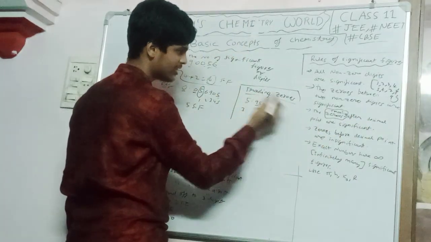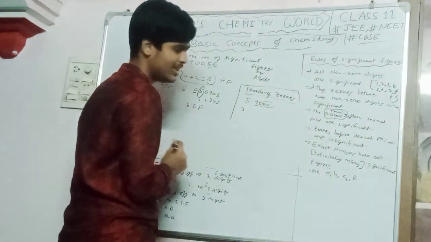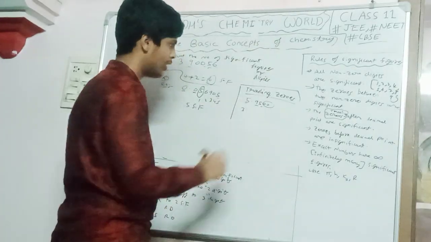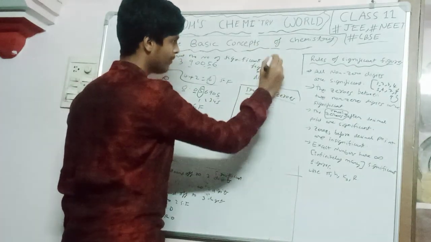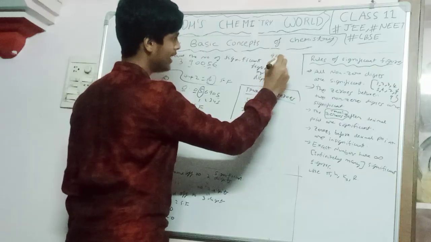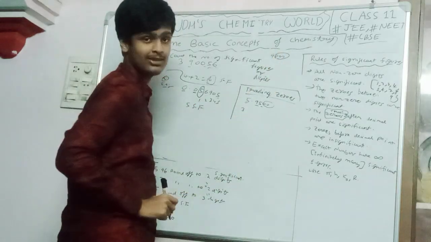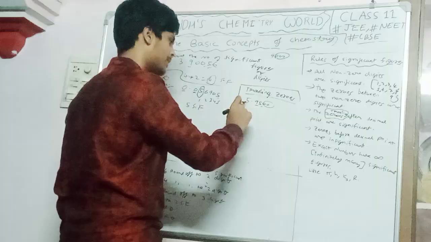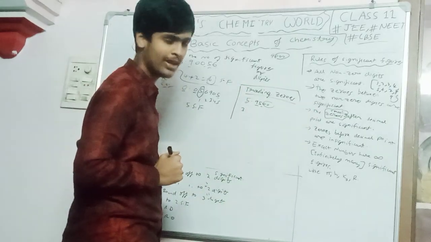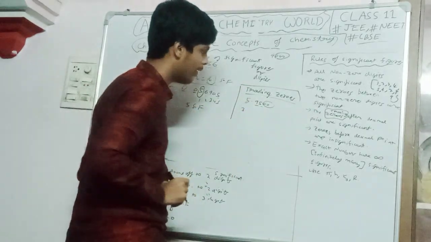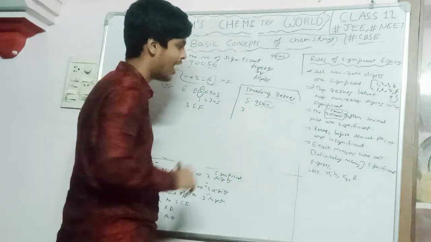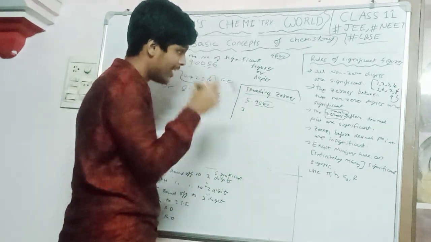Trailing zeros are the zeros present at the last. It doesn't mean that if I write 9000, these are trailing zeros. The zeros which are present after the decimal point and after one non-zero digit are trailing zeros.